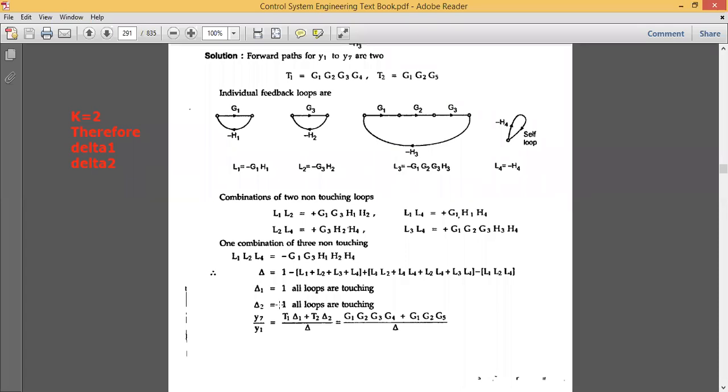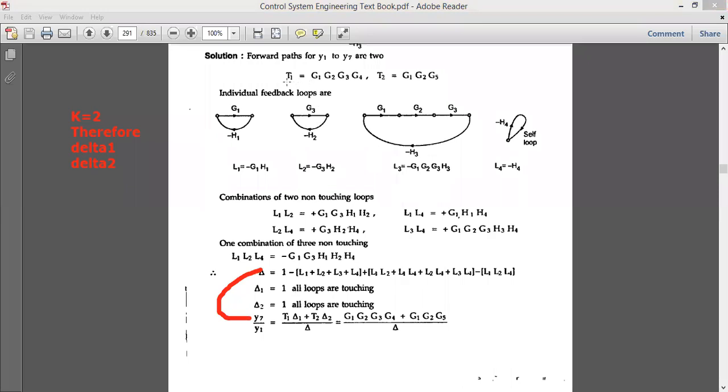So what does Mason's gain formula say? It is T1 into delta 1, because T1 should be related with delta 1, plus T2 into delta 2, because delta 2 should be related to T2, divided by the whole complete delta value. So how to find the transfer function here? What is T1?